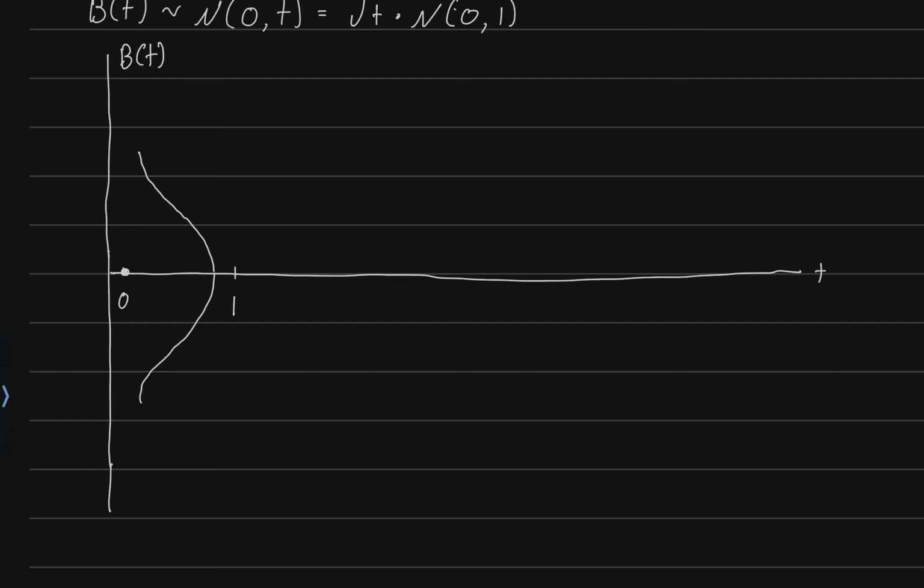So my expected value of B of t is going to be 0 again, and I'm just going to denote this as my expected value of B of 1, for example.